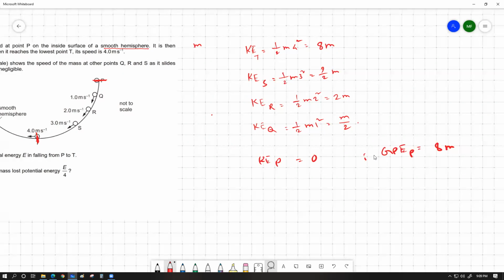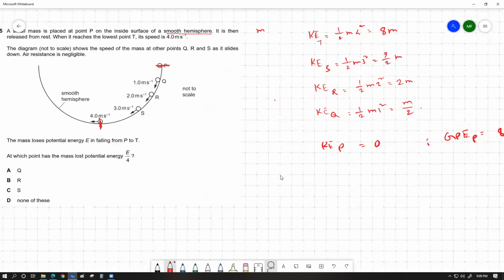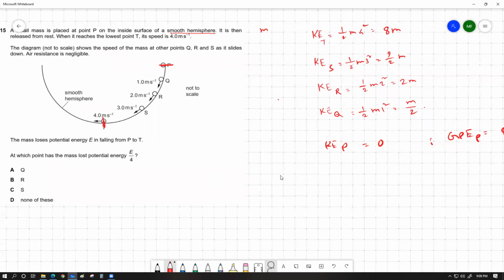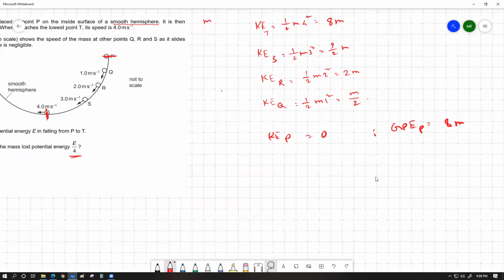This is logic. The question is asking us, at which point has the mass lost potential energy by E/4? So E/4 potential energy লস করছে কোন পয়েন্টে? E/4 মানে কতটুকু?